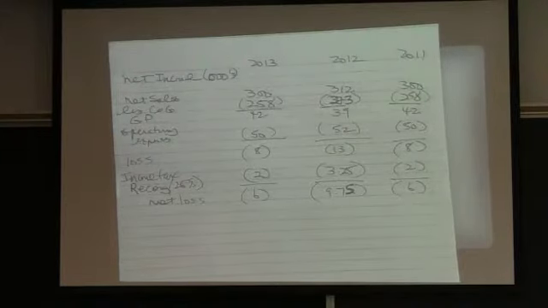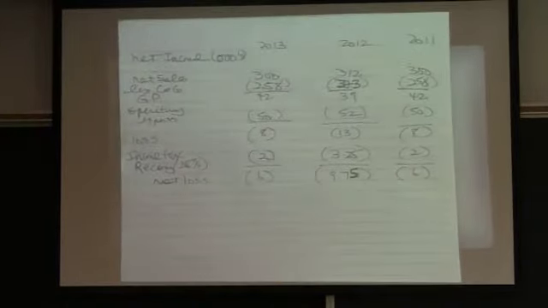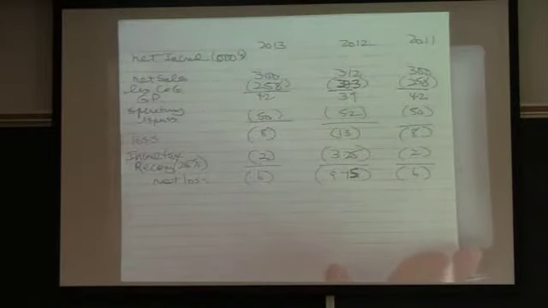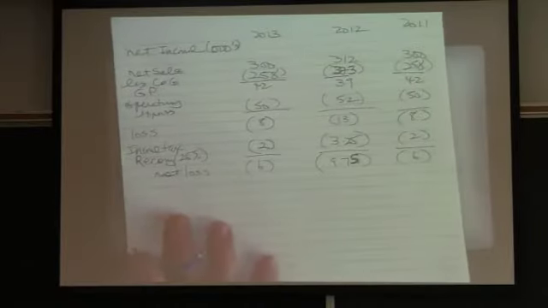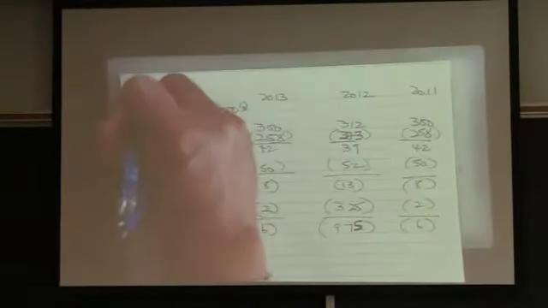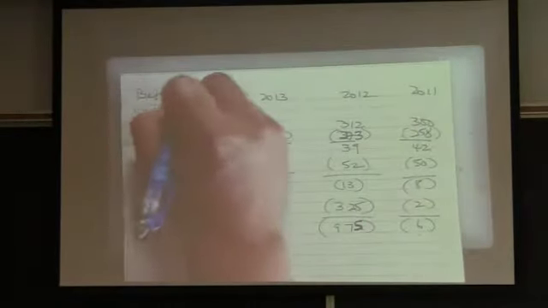Now, we're asked to determine the impact on net income and retained earnings. So maybe what I should do is calculate the inventory turnover before. So this is before correction, before changes.